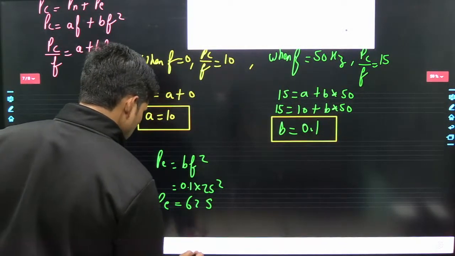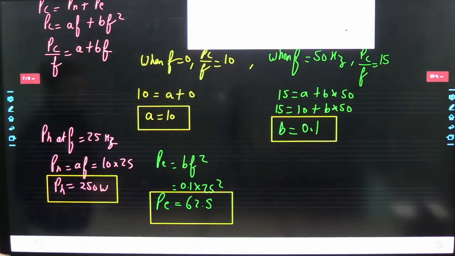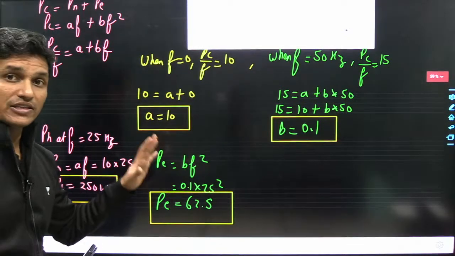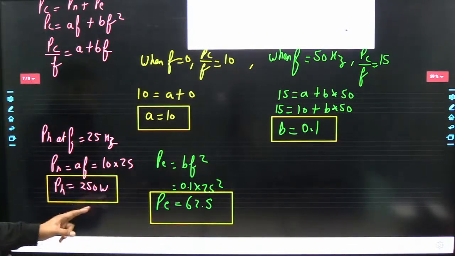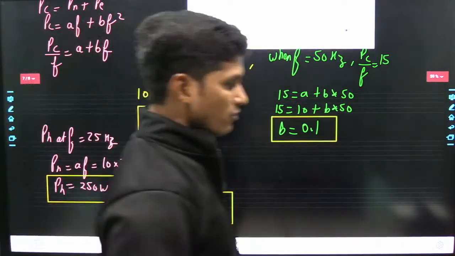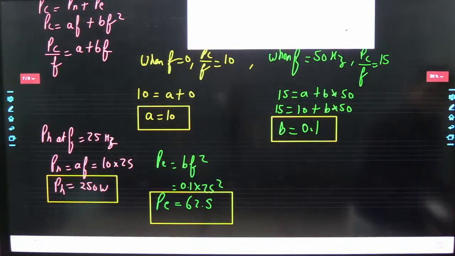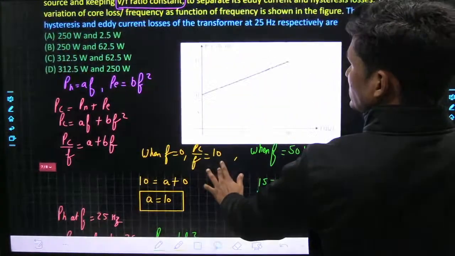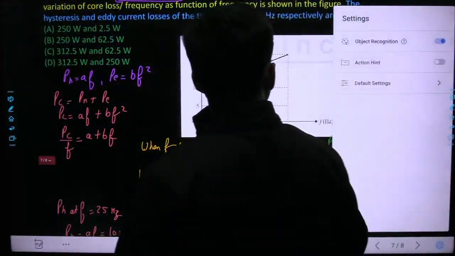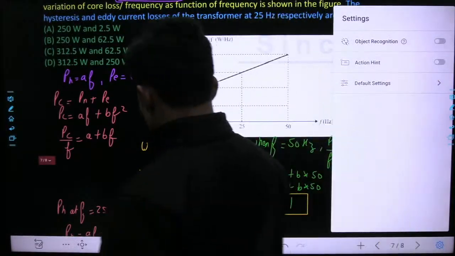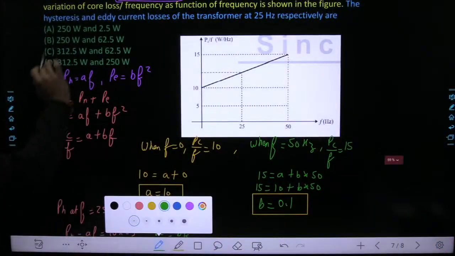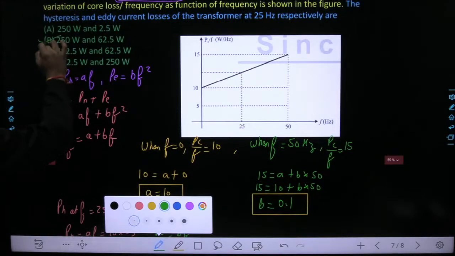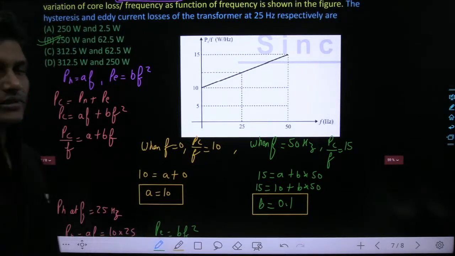So eddy current losses become 62.5. That means at frequency 25 Hertz, the hysteresis loss would be 250 watt and eddy current losses would be 62.5 watt. Now let's check the options, 250 and 62.5, that is B, the correct option.